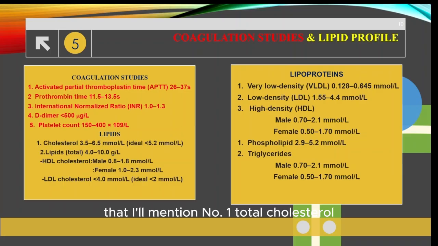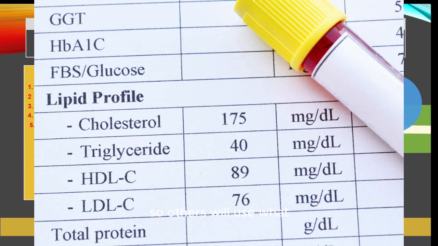Number one, total cholesterol. The normal total cholesterol is between 3.5 to 6.5. Others will use other parameters, and it's okay. That's the first part of the lipid profile. The second one is called triglyceride.